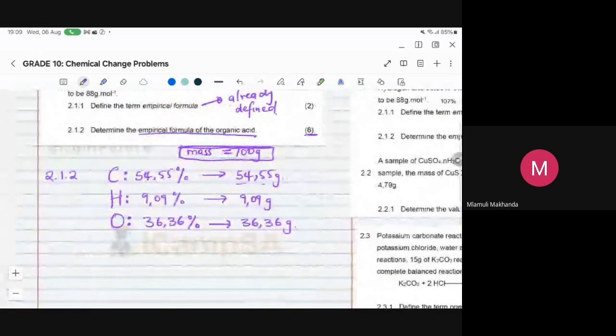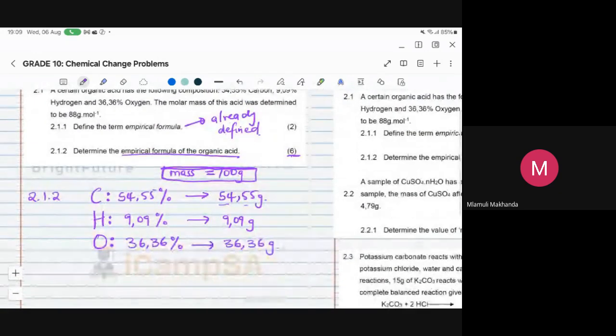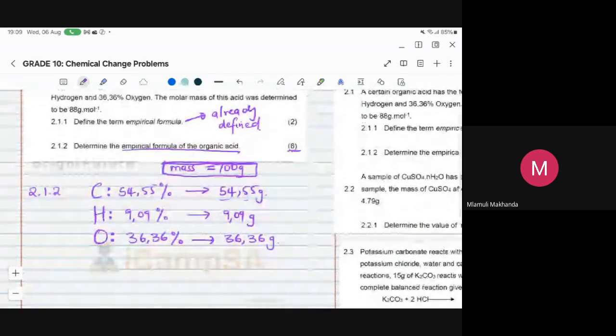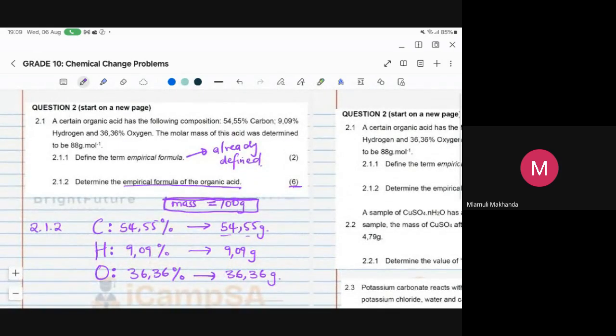But the reason I'm telling you where this whole thing comes from is in a tricky exam where they decide to test your understanding, they might say the mass of this compound is about, say, 300 grams. And the contribution of each element to this mass is that.